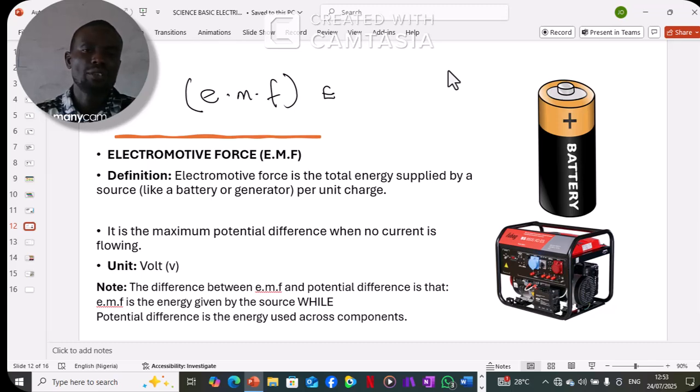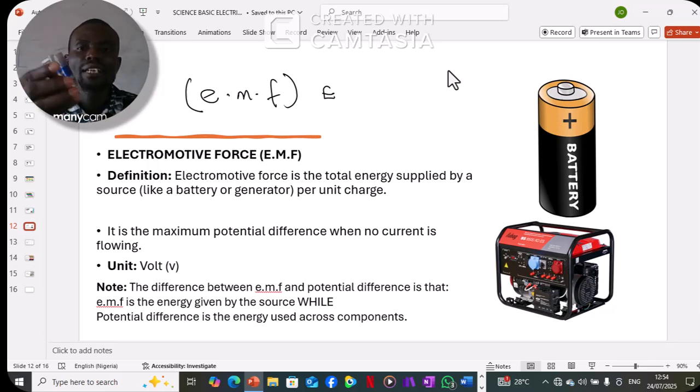Let me explain that one. When I explained potential difference, I said it's like a push, the energy that causes the electron to move, work done per unit charge on electron between two points in the electric circuit. Electromotive force is also a push, also the total energy, but in this case it is the total energy of the battery or any generator.